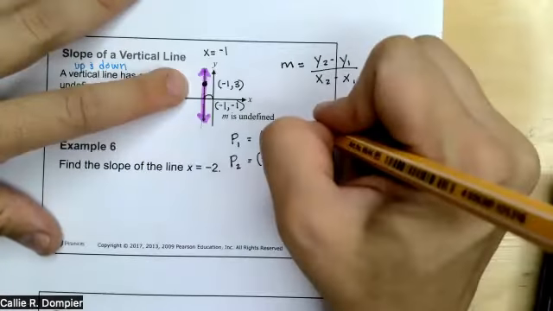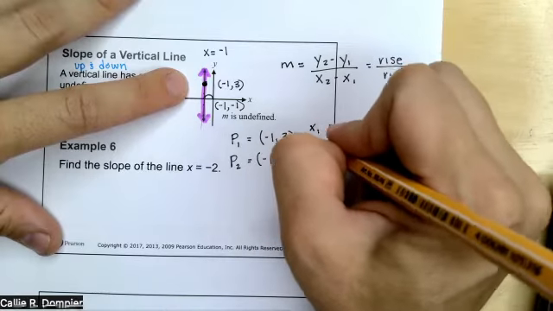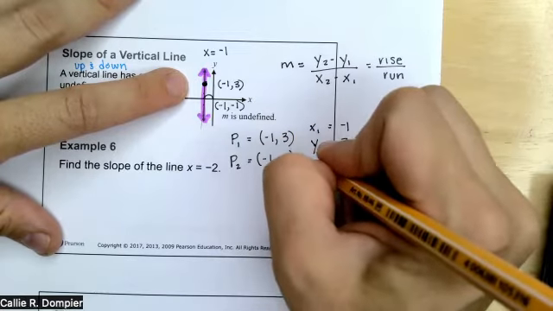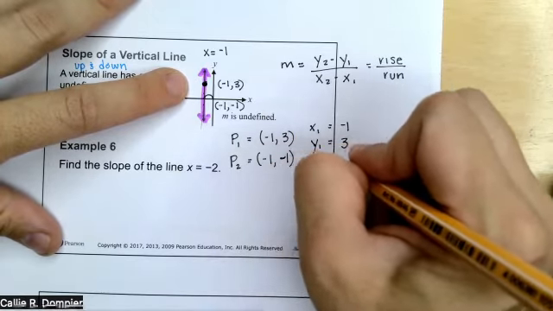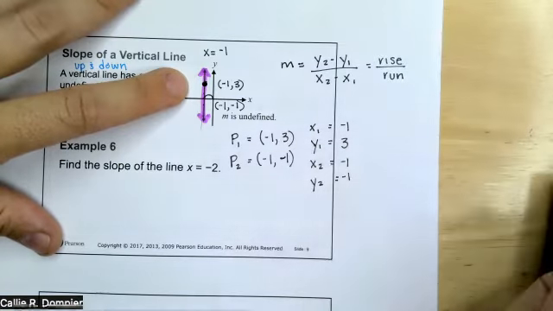That means my x1 is equal to -1, my y1 is equal to 3, my x2 is equal to -1, my y2 is equal to -1.